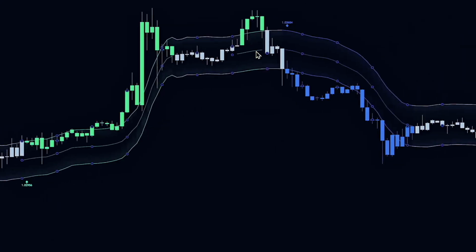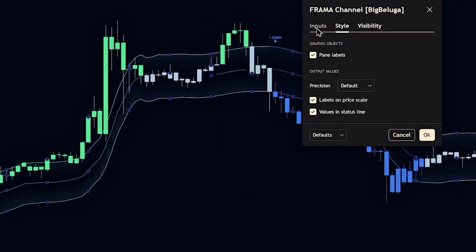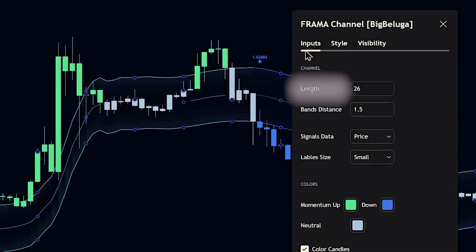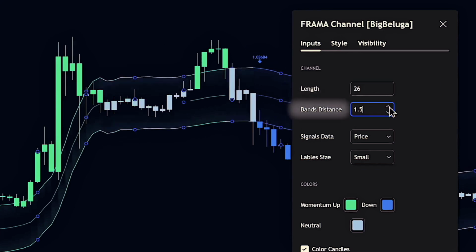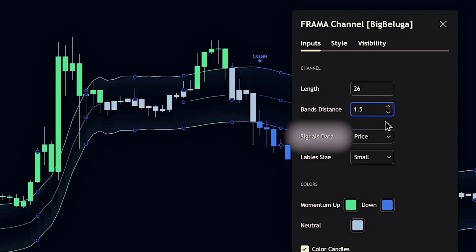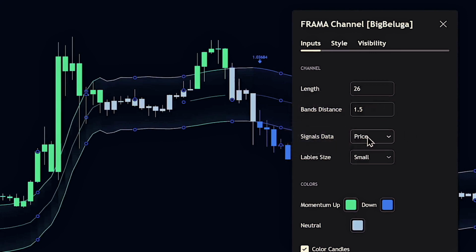Let's peek at the settings real quick. Double-click the indicator and you'll see some options. You can adjust the legs to make the channel react faster or smoother. Shorter for quick moves, longer for a steadier view. There is a band distance setting to control how wide or narrow the channel is. A neat feature under signals data lets you pick whether the arrows show the breakout price level or the average volume at that moment, which can hint at how strong the move is.